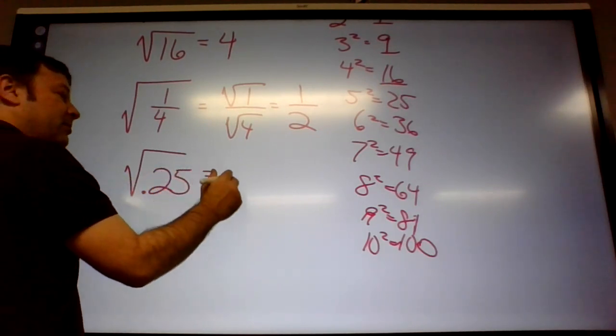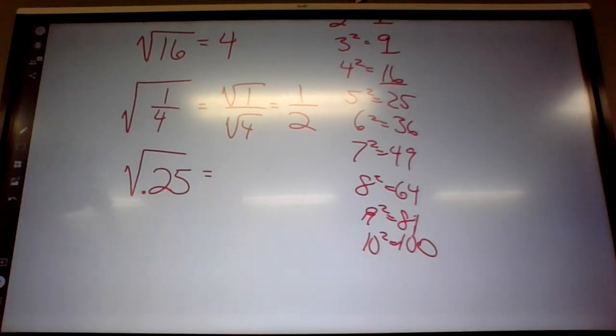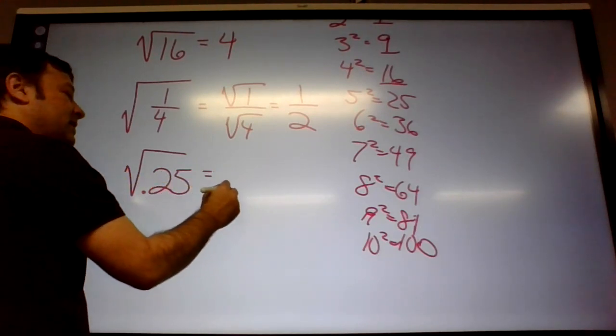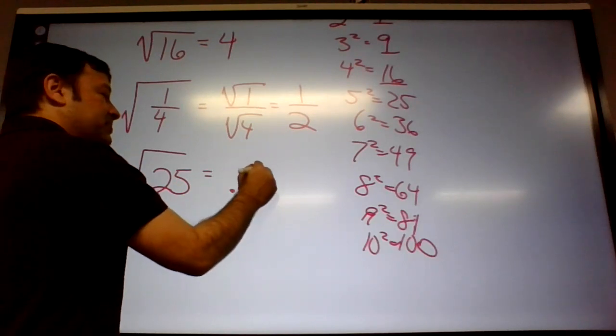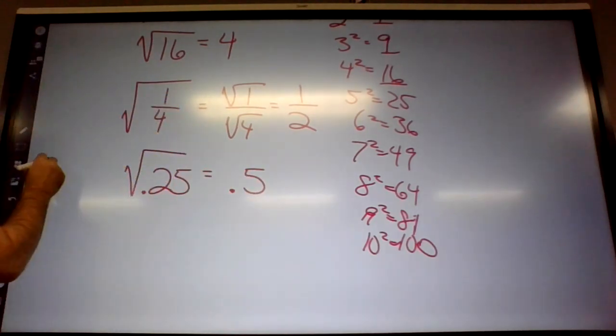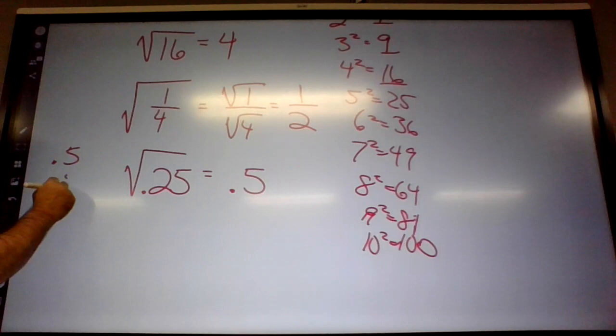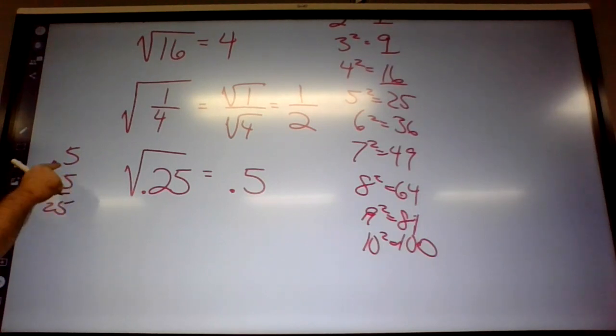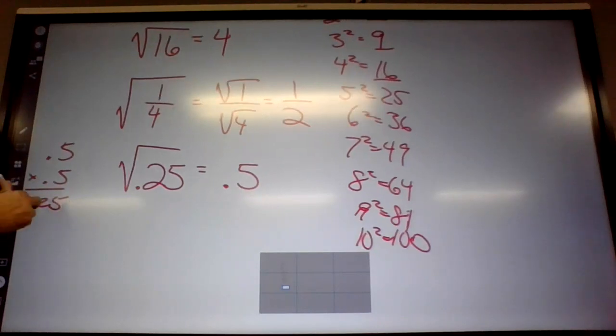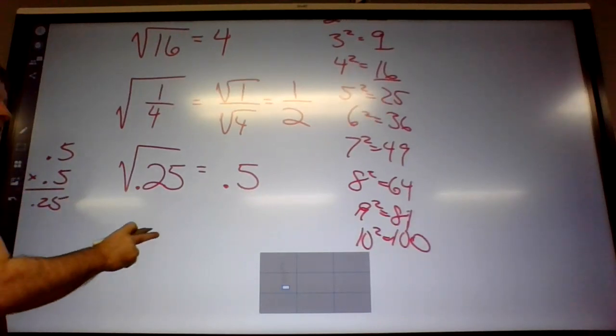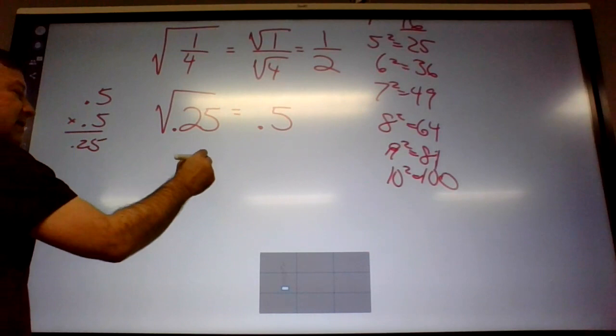Okay, do you guys remember how multiplying decimals works? When you multiply decimals, remember you do 0.5 times 0.5. You just multiply those two, and then each decimal place shows up in the answer. So yeah, it's 0.5.